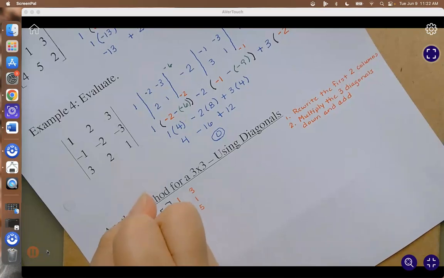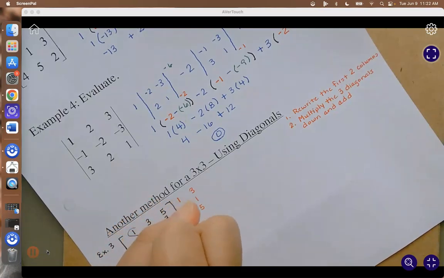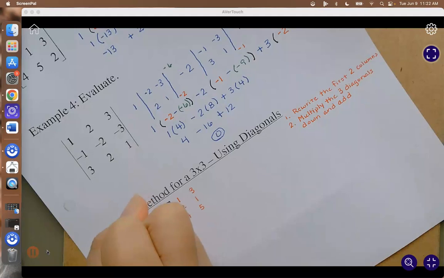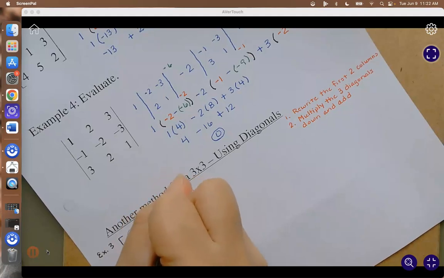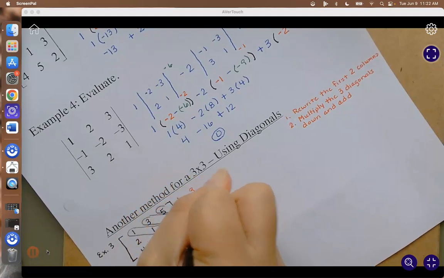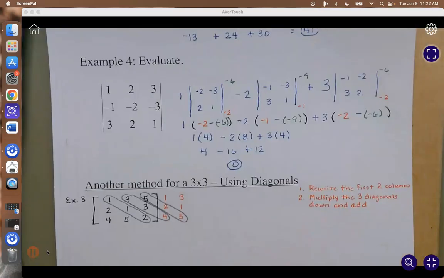So my diagonals going down are going to be this, this, and this.